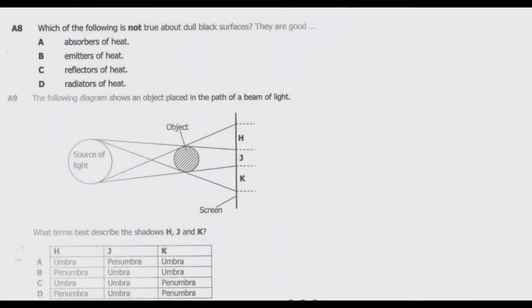Let us look at question 8. Which of the following is not true about dull black surfaces? We are looking for something which is not true. Dull surfaces are good absorbers of heat, which is true. So A is correct. B, emitters of heat, true.